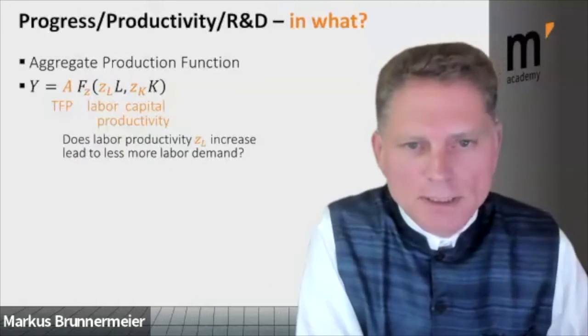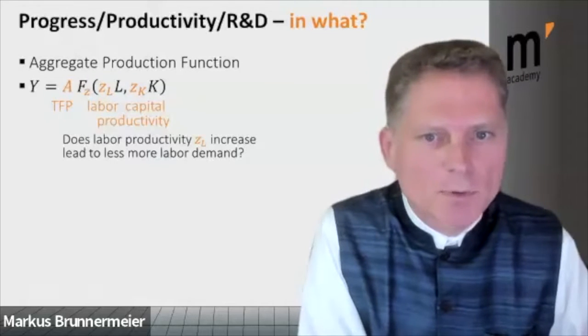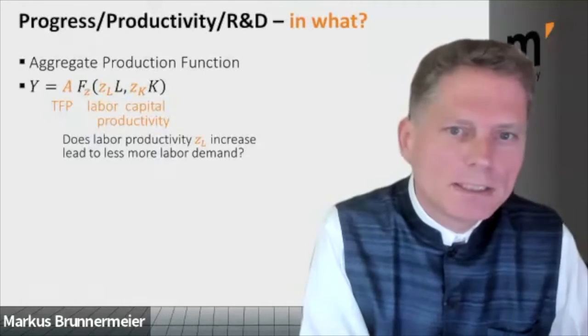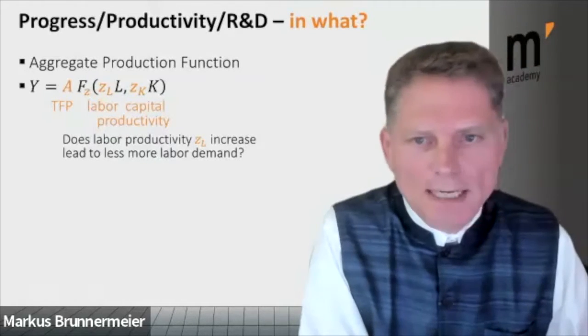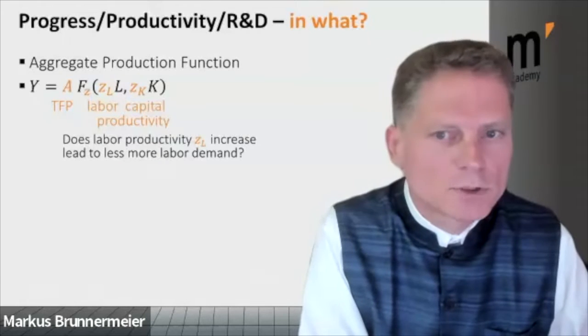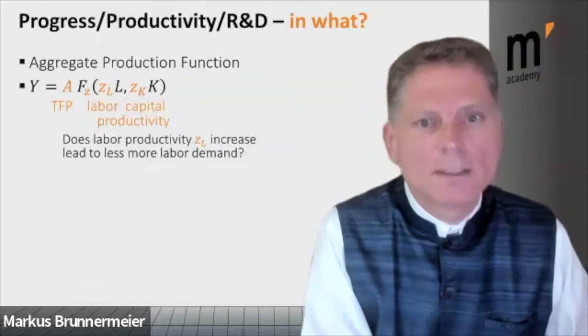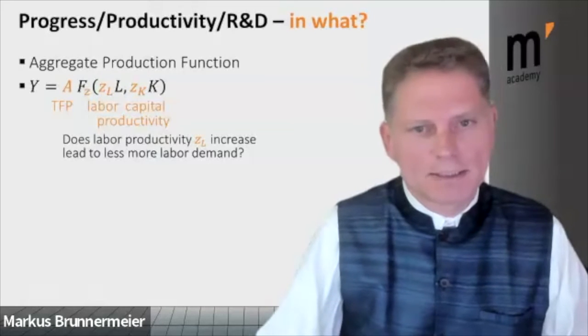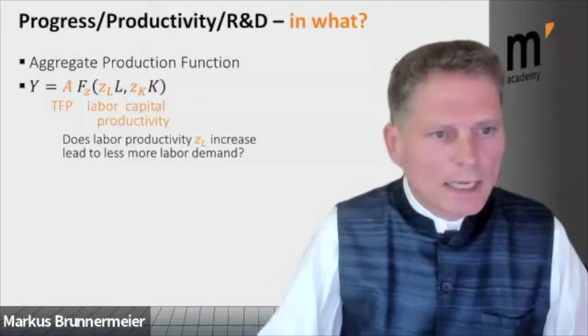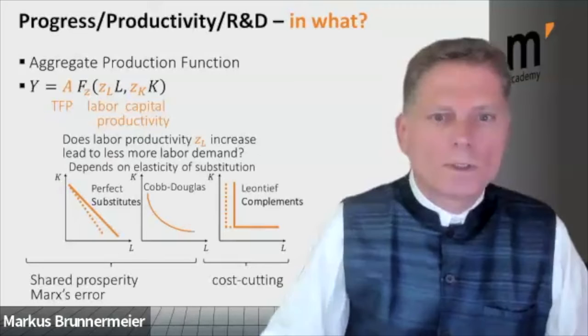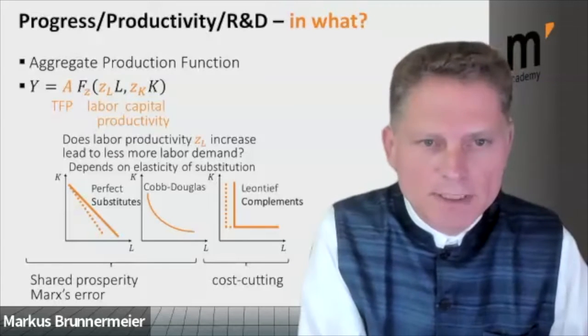The big question is, for example, if you increase labor productivity, will this lead to an increase in labor demand, higher wages, and some shared prosperity that helps the workers as well, and not only the capitalists? It depends very much on what the elasticity of substitution is between capital and labor.